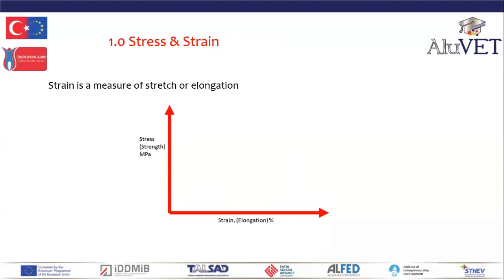Strain is a measure of stretch or elongation, and we plot strain on the horizontal or the x-axis. Thus, we can construct a graph of stress against strain. Stress is vertical, strain is horizontal.